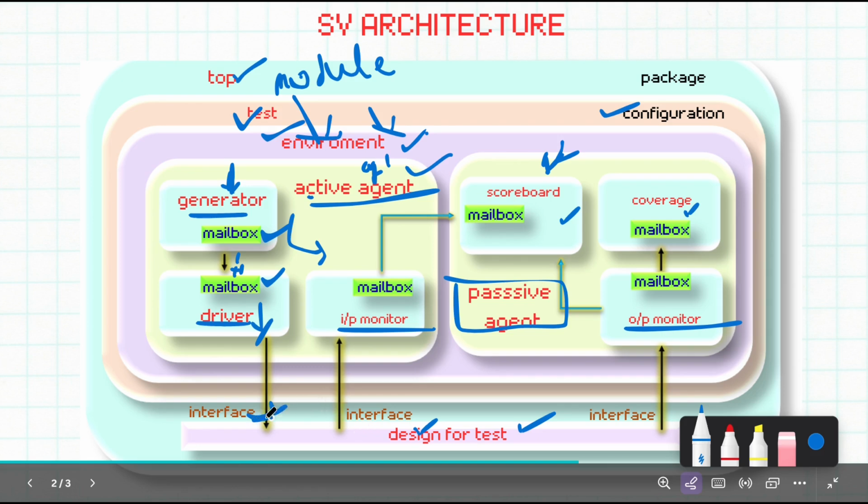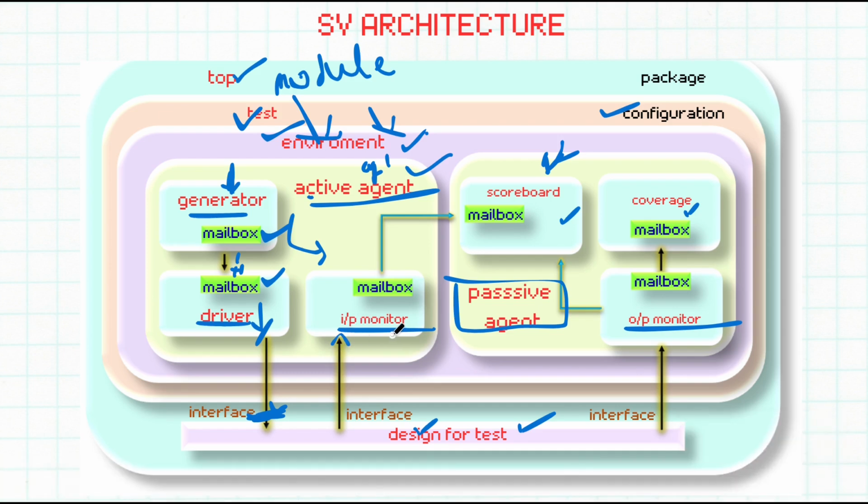Up till the driver it is our expected data, and after the DUT has processed it, it is our actual data. So our actual data will be taken by the input monitor, or it can be the output monitor, but the main point is the monitor will take the data from the interface.